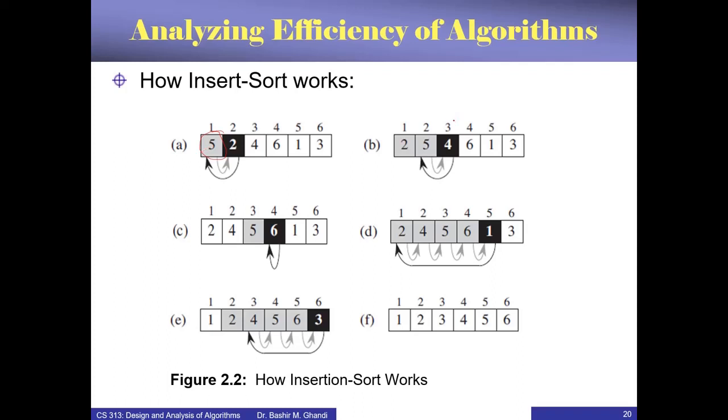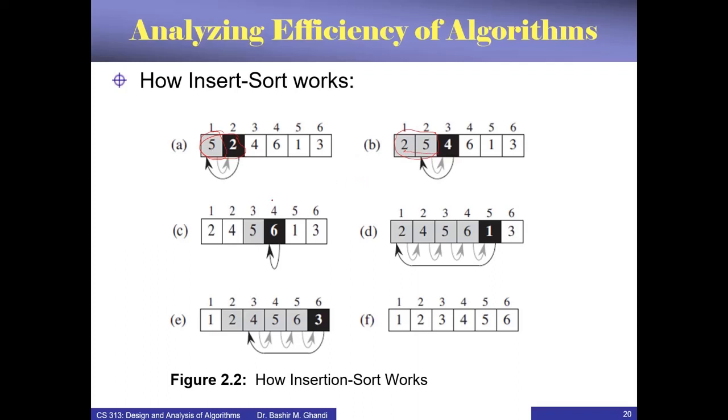Okay, what about when j is 3? So we are saying this part from 1 to j minus 1, meaning from 1 to 2, contains the original elements. The original elements were 5 and 2, but now we have them in sorted order.